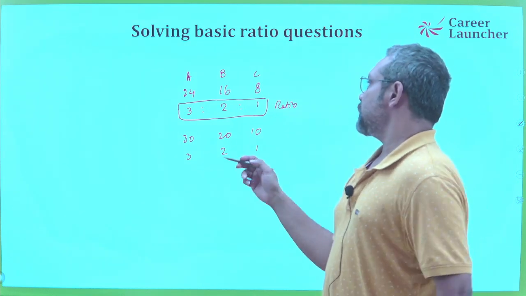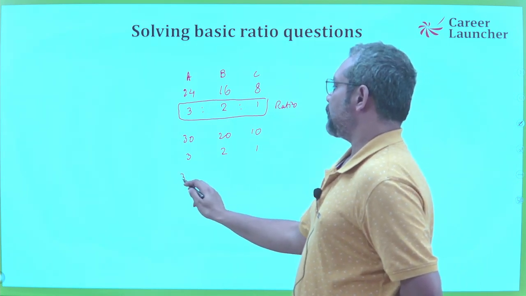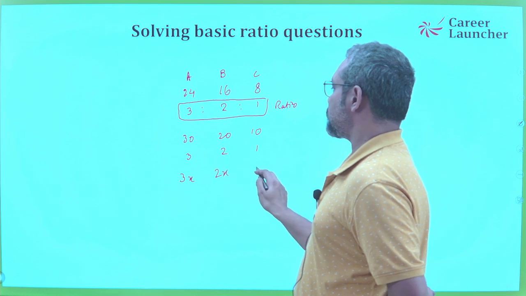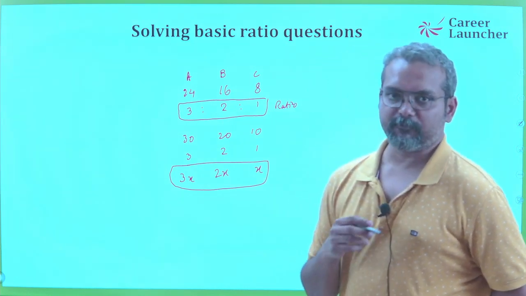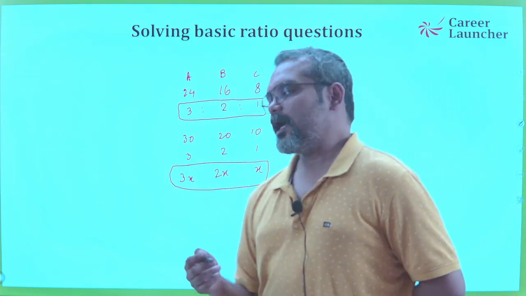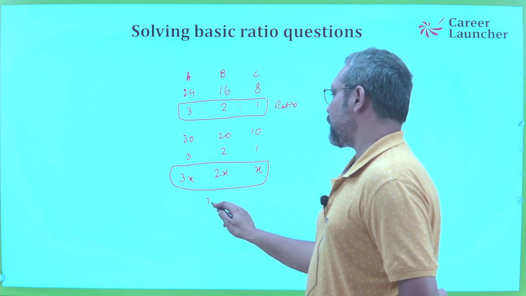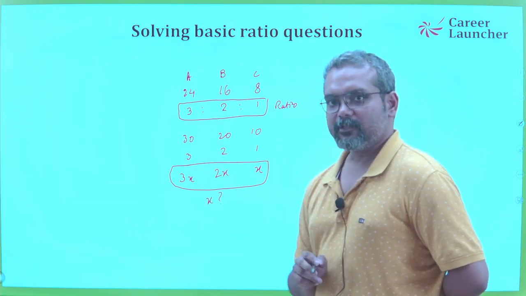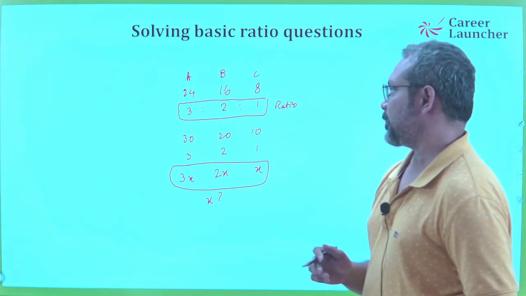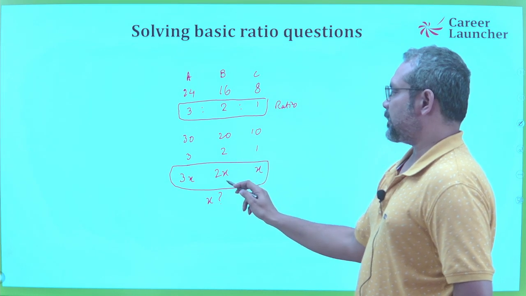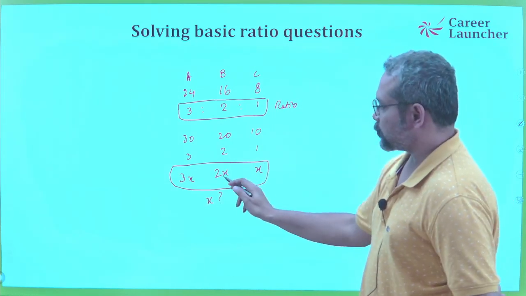So whenever a ratio is there, we take a variable: 3x, 2x, x. Now in the question there will be some other information given, and using that information we will try to find out what x is. So the basic strategy for solving any ratio equation is, whenever a ratio is there, take a variable. Don't take 3x, 2y, z like that.